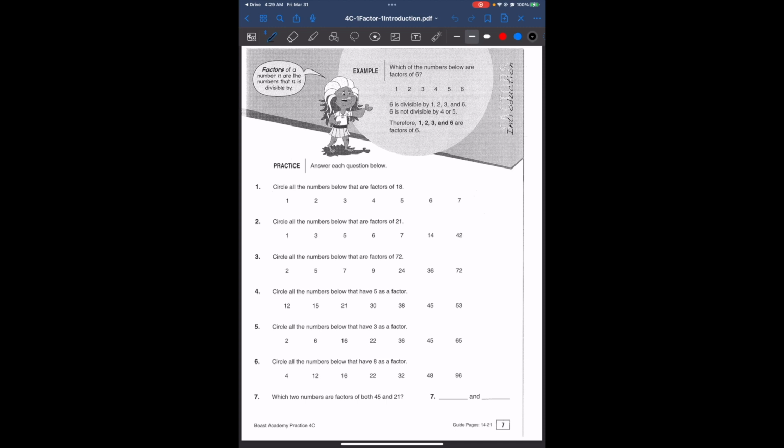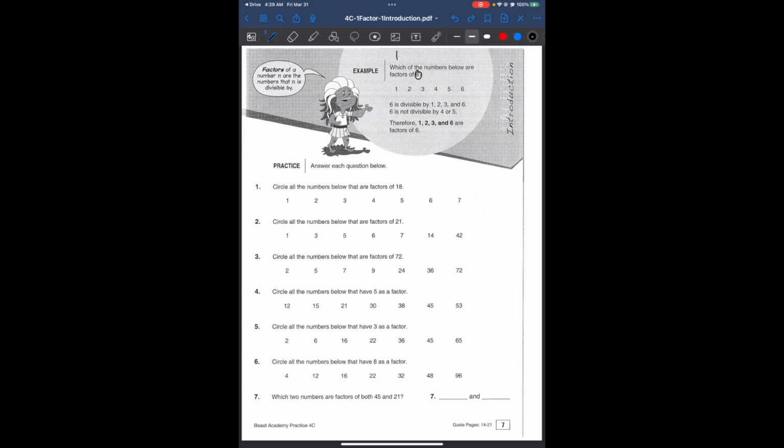So for example, if the number that we're talking about is 6, we're going to see what factors the number 6 has. First, 1 is always a factor of any number, right?